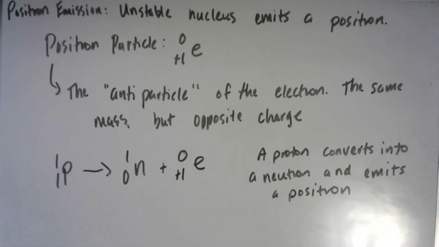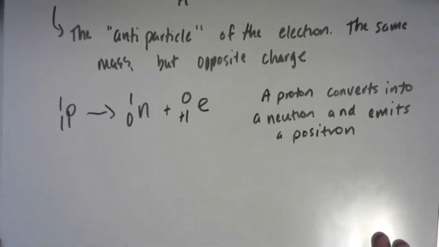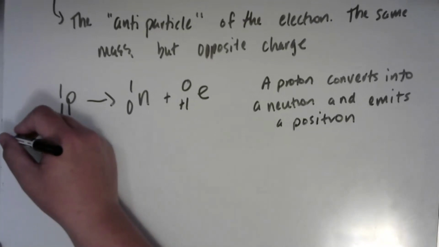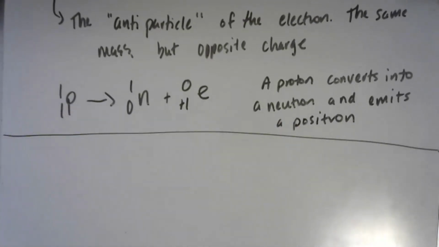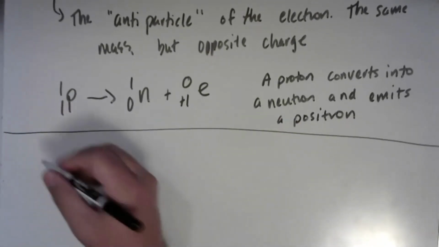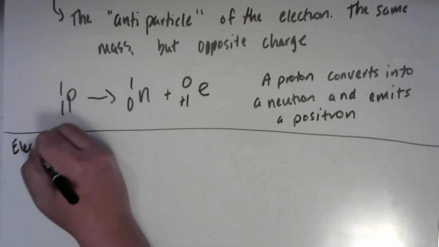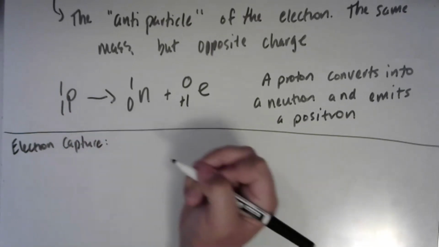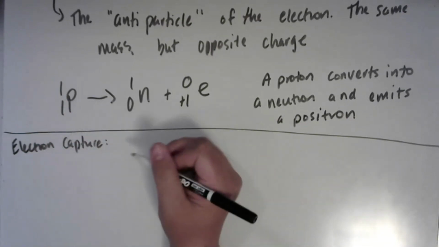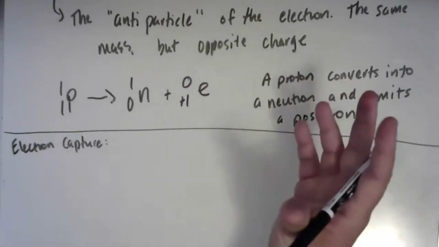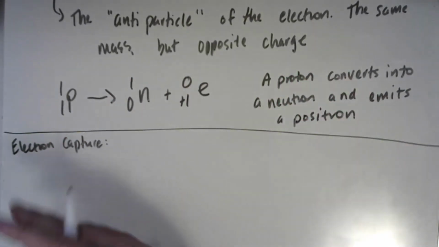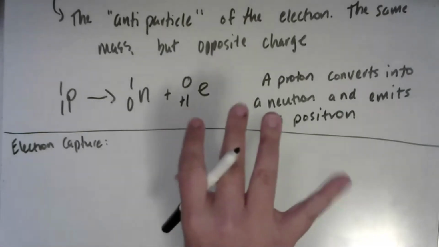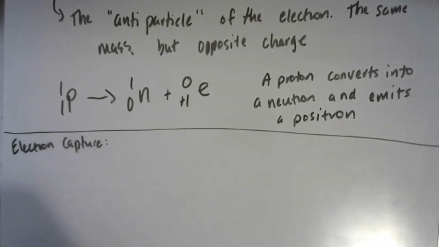Okay. And there's one more type of decay that we need to look at, and it's called electron capture. Let's see if I can fit it all down here. This is when you're going to have a nucleus that ends up pulling an electron from its inner orbital into itself. Okay.